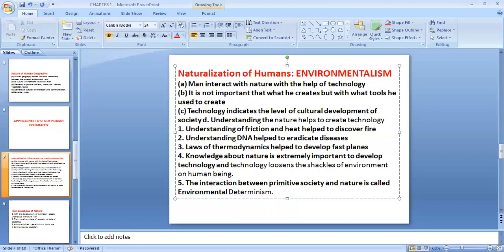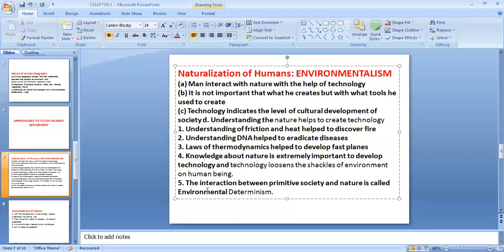This environment is determining how we will do our activities. So following the environment is known as the naturalization of human. And who gave us this approach? Naturalization of human, or determinism, or environmentalism, or environmental determinism.